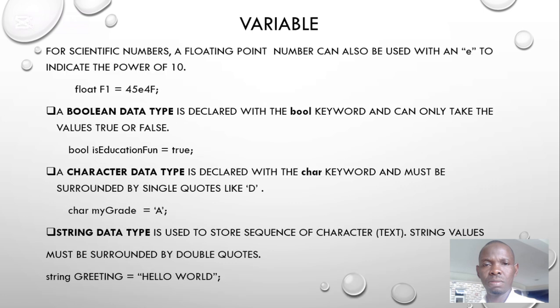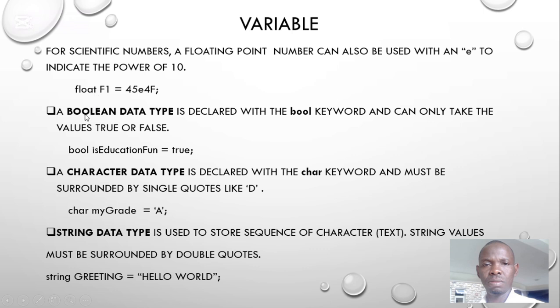Also, for scientific numbers, a floating point number can be used with an exponential e to indicate the powers of 10. We can see here float f1 equals 45 exponential for f.